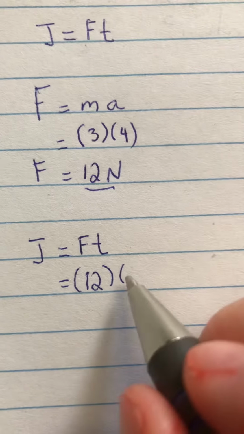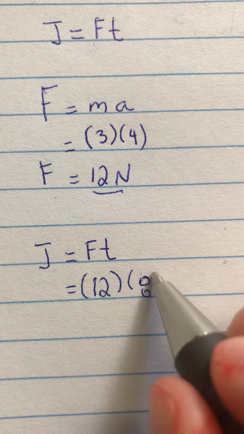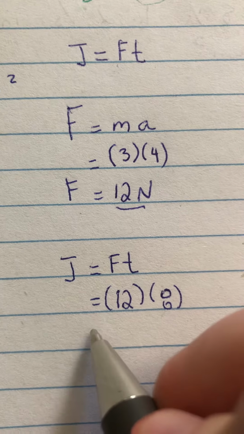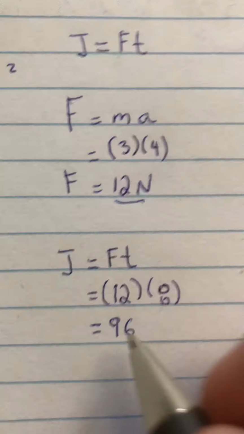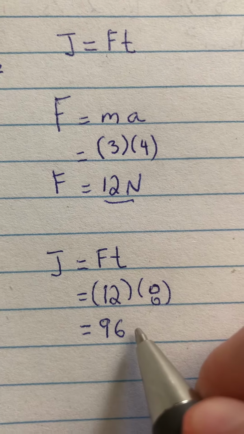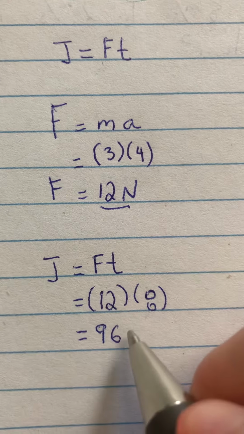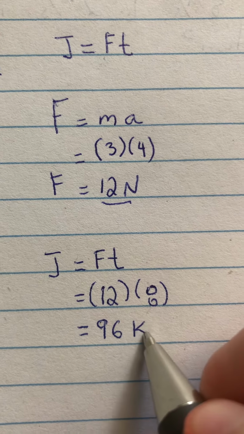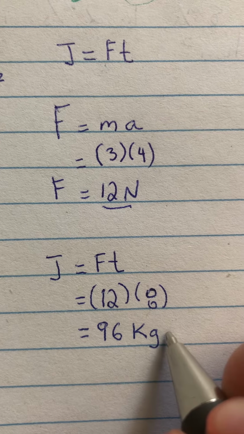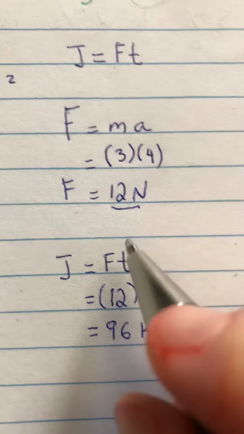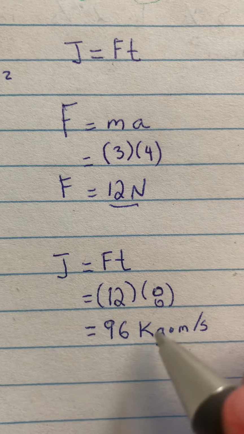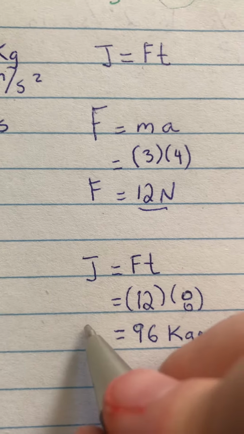So I'm going to write that down here. 12 times 8 gives me 96. I'm going to write it with these units, kilograms, meters per second. I could also write it as Newton seconds, but it is the same unit.